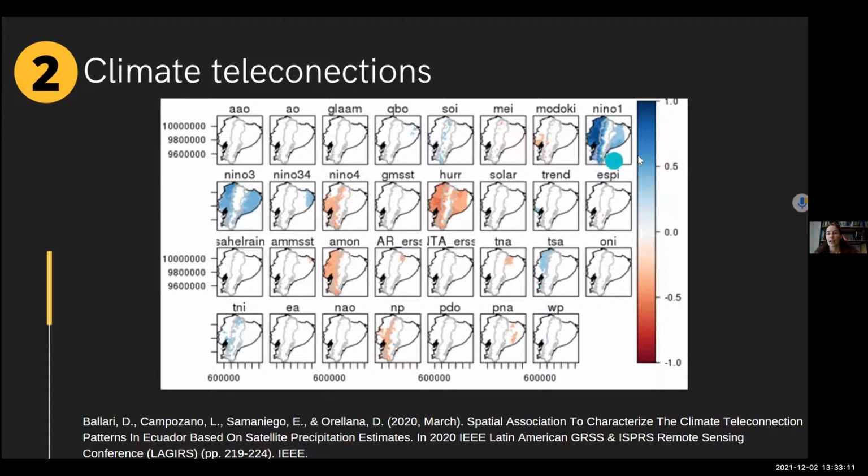Here we have Niño 1+2, that is one of the indices in front of the coast of Ecuador and Peru, that has a huge influence in the Ecuadorian coast region, but other Niño regions that are more in the East Pacific Ocean also have influences. So even if we performed a pure temporal analysis, we got as a result a map to see where those influences were.